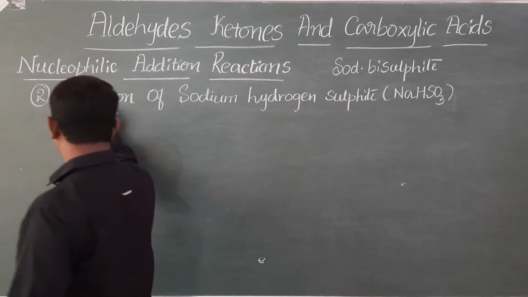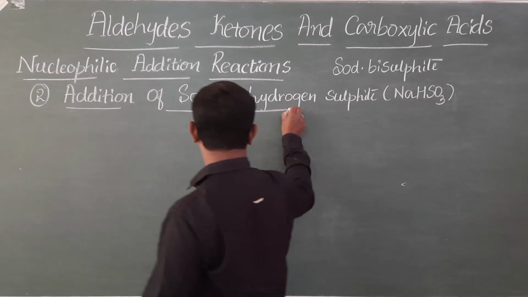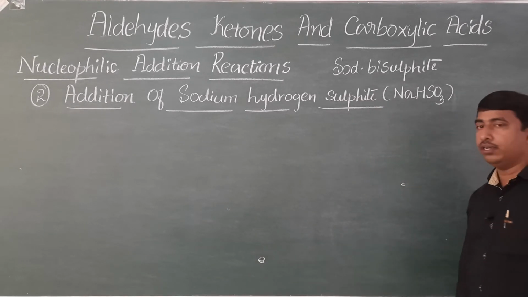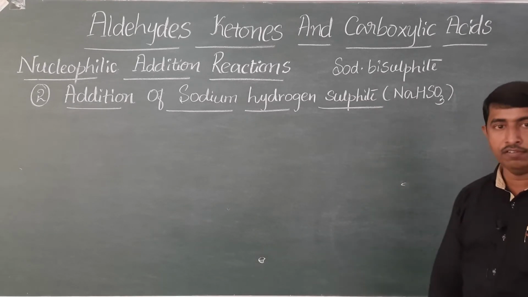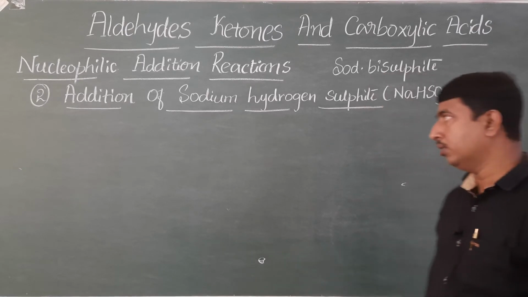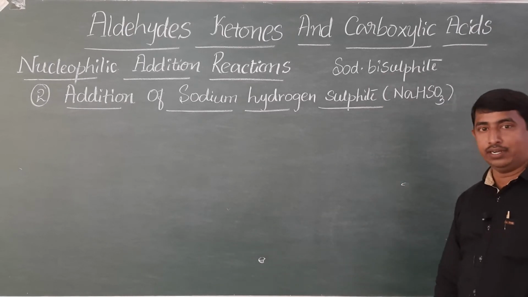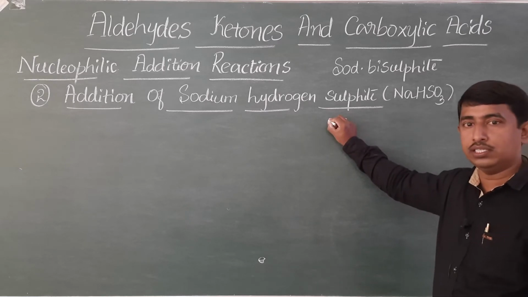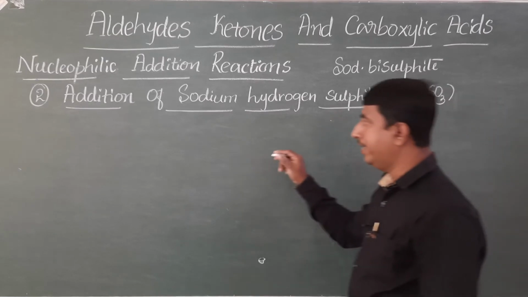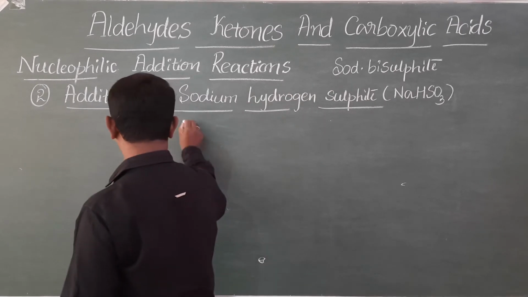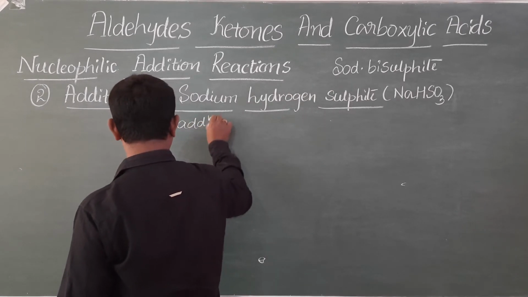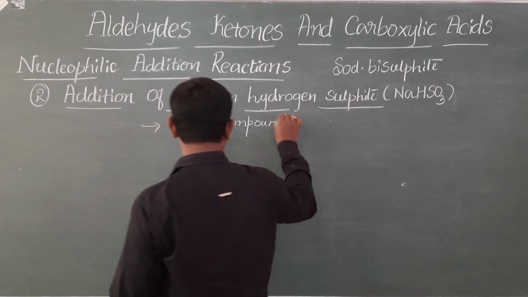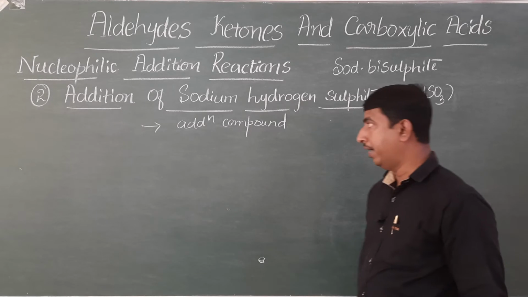Let us explain this reaction: addition of sodium hydrogen sulfide, or sodium bisulfite, to a carbonyl group. Aldehydes and ketones react with sodium hydrogen sulfide, undergoing addition, forming an addition compound.